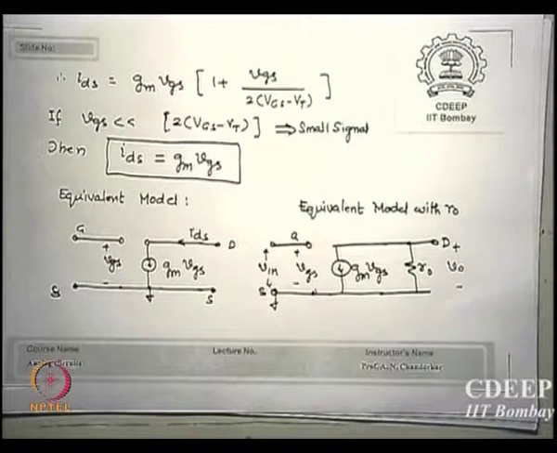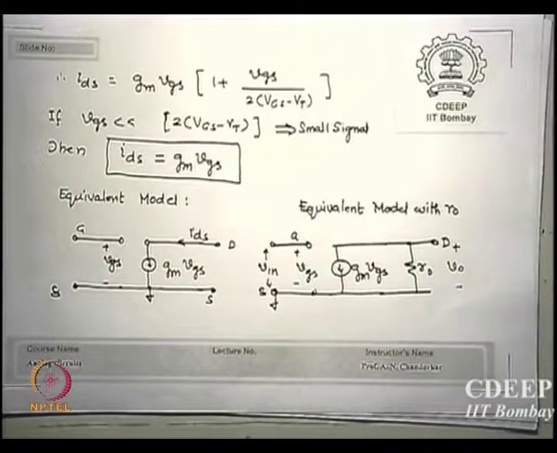This is slightly better than bipolar, where it is only 26 millivolt. So MOS has a little advantage that the AC signal can be slightly larger than in bipolar. Is that point clear to you?